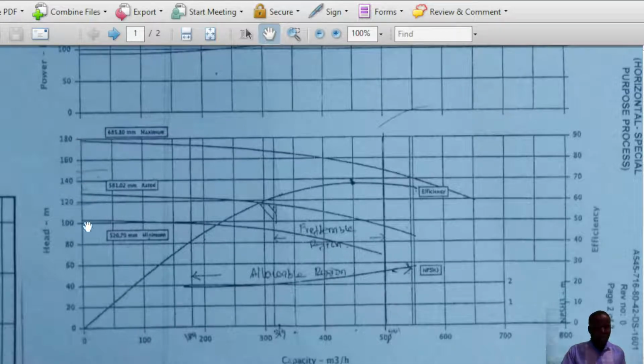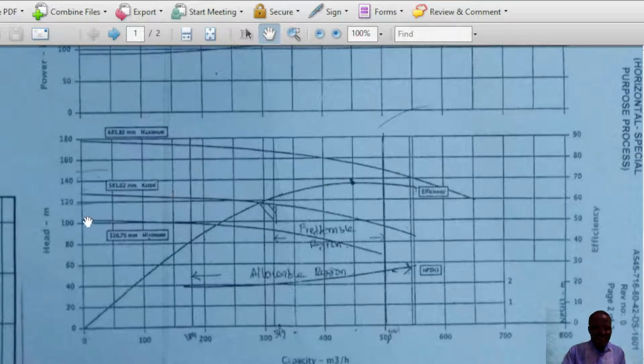That is the head at maximum impeller diameter, which in this case is somewhere around 179.5 meter head.